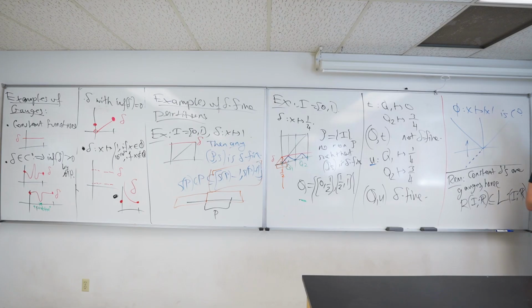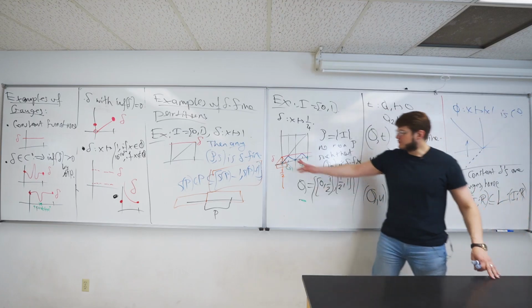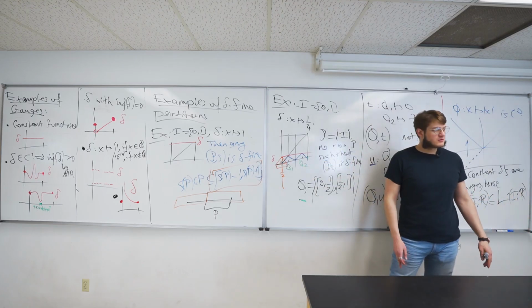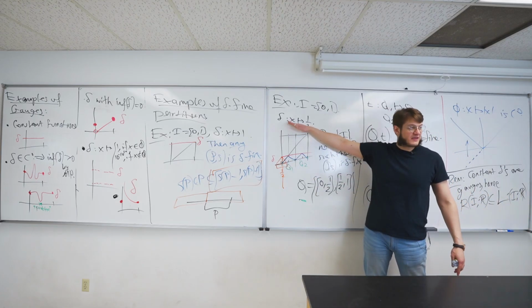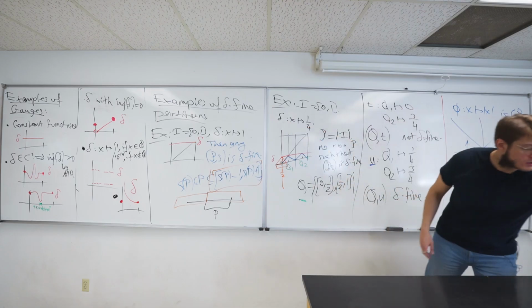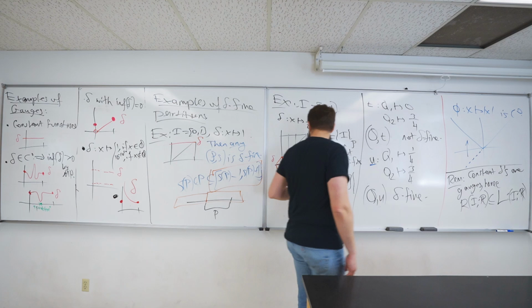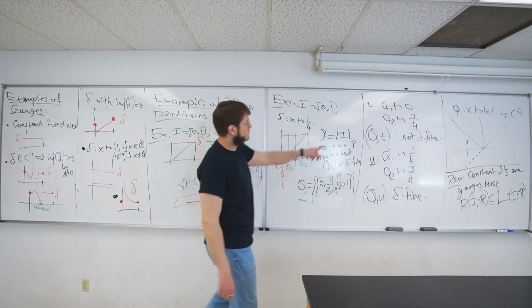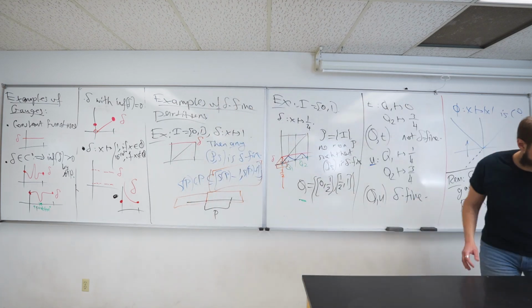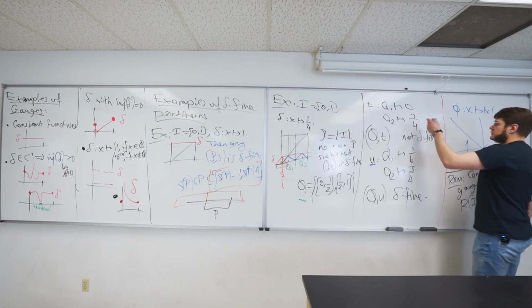Make sense? So if you sample at 0, it's not delta-fine. Exactly, because delta is a specific gauge.